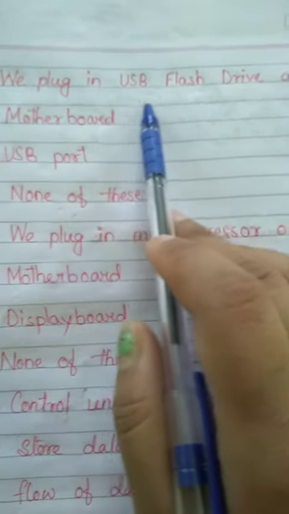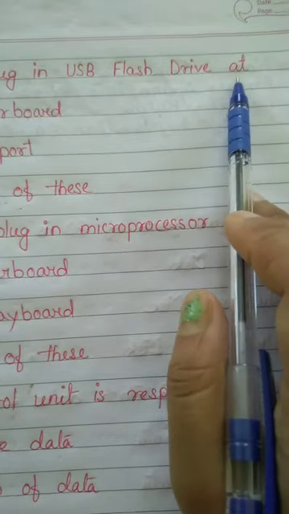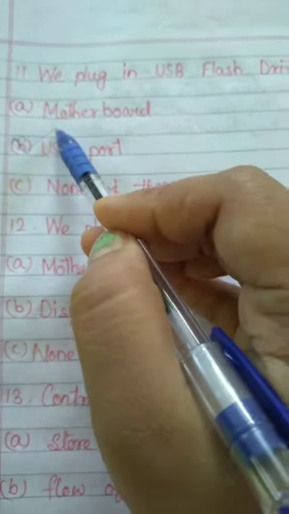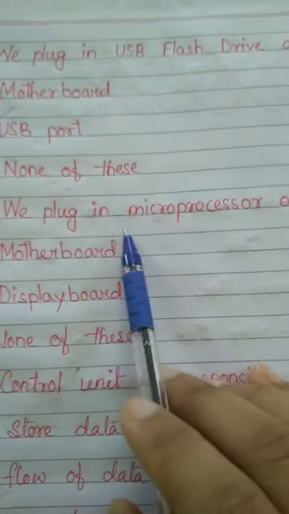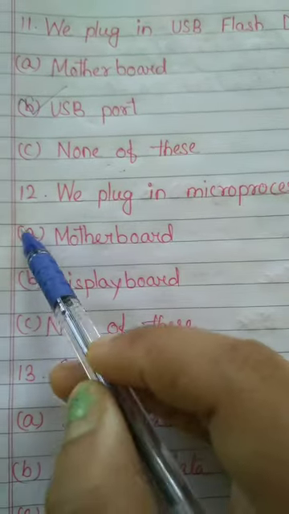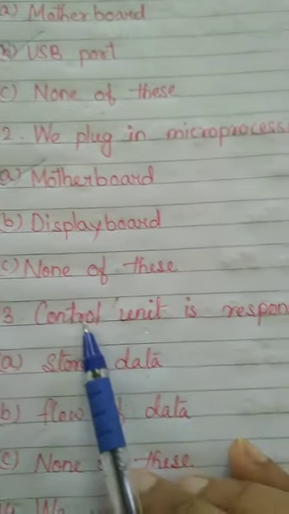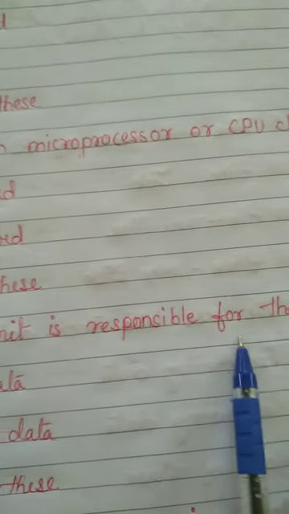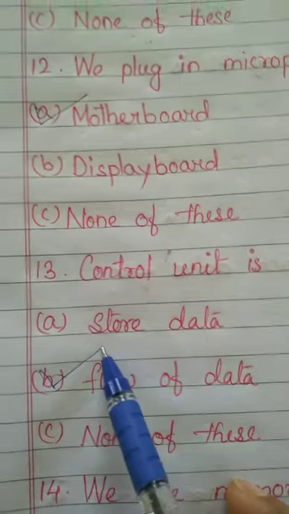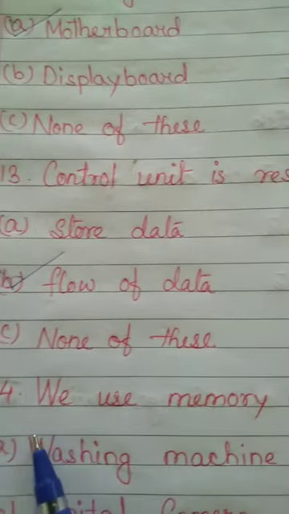We plug in USB flash drive at the USB port. We plug in microprocessor or CPU chip at the motherboard. Question number 13. Control unit is responsible for the flow of data. Question number 14.